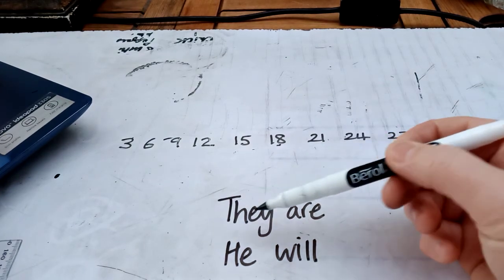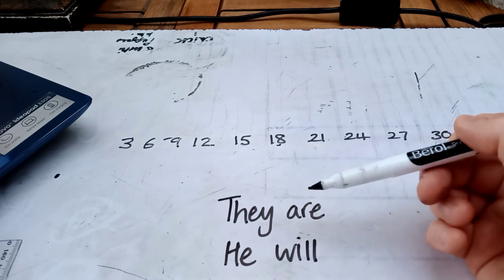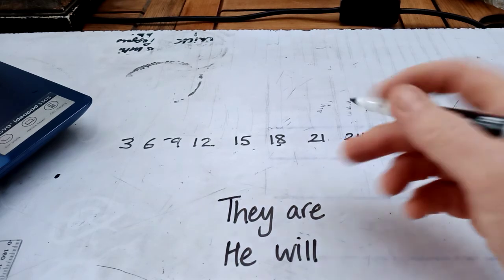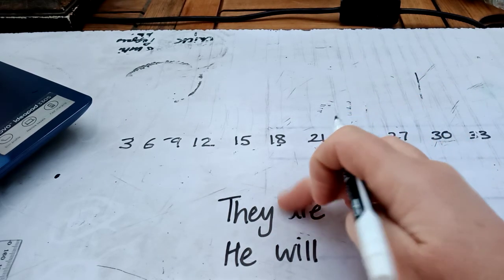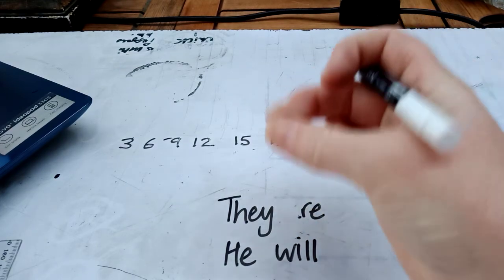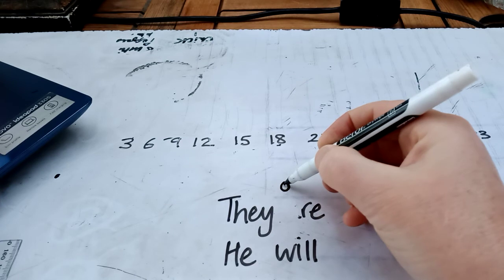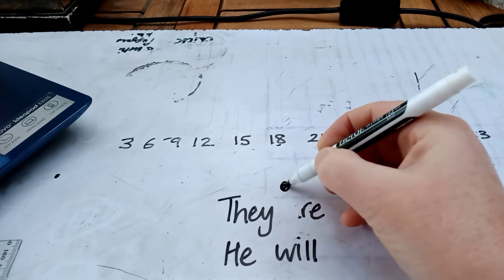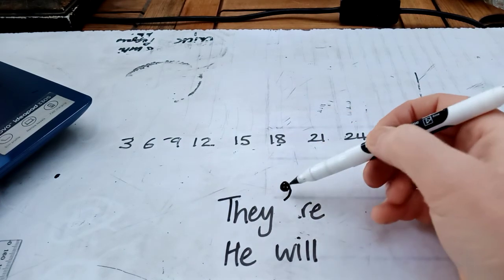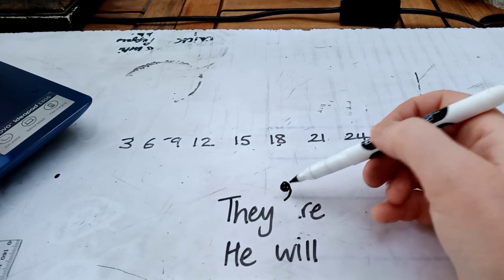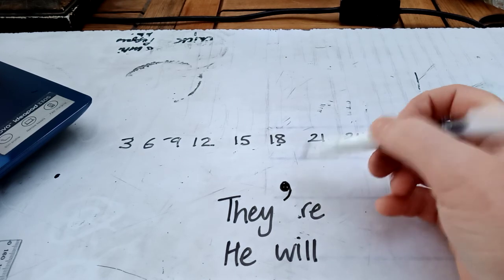So they are can be written also they're, and that A gets screwed up in a little tight ball and it gets put inside that apostrophe there. So inside that apostrophe is a little A hiding. And that apostrophe is a hollow apostrophe. It's got a letter inside it.